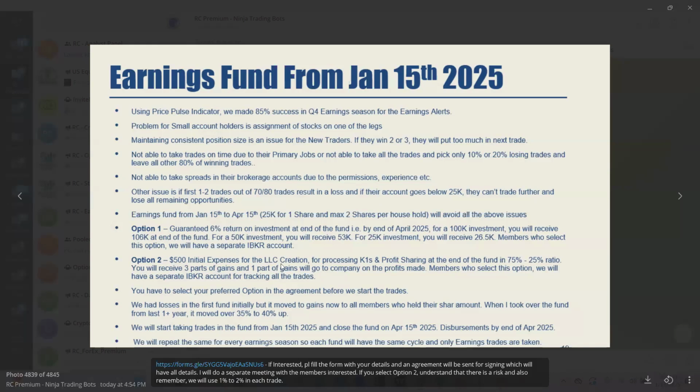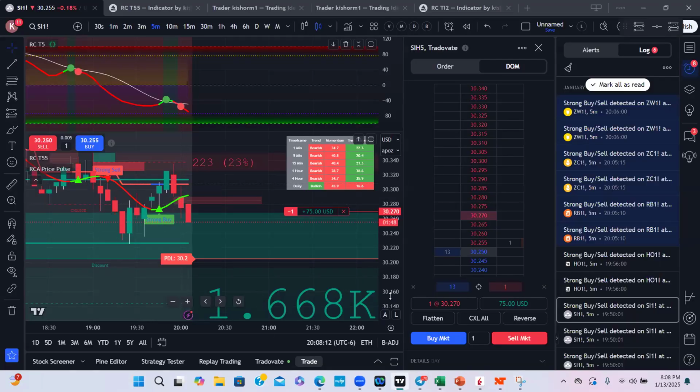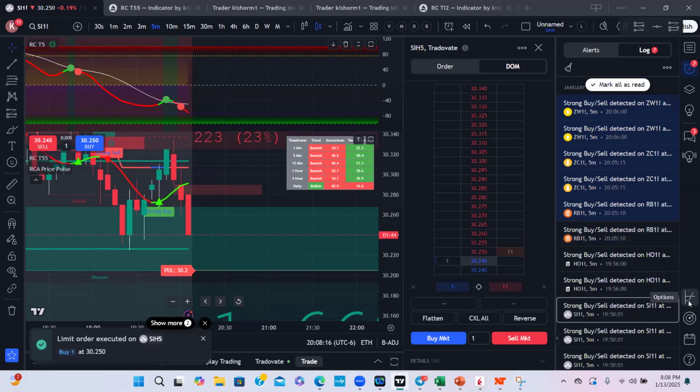Even in real estate, making 10 to 12% per annum is very difficult nowadays with all the bank interest rates and other things. It is becoming more and more difficult. But because the indicators are working so well, and as I explained, there are different ways we can do it.